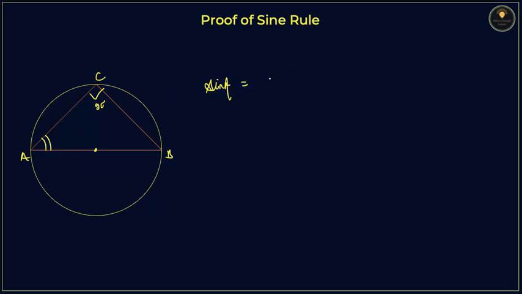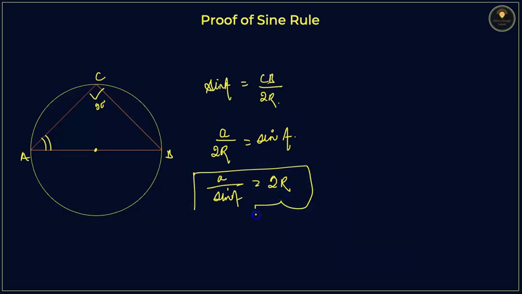Perpendicular is CB, and hypotenuse is 2r. So you will say CB is a, so a upon 2r is equal to sine A. So you can also write this as a upon sine A, that is equal to 2r. That's it. This is the formula that you will get.